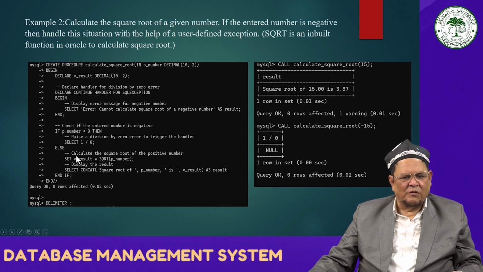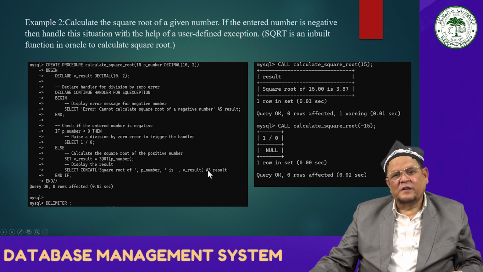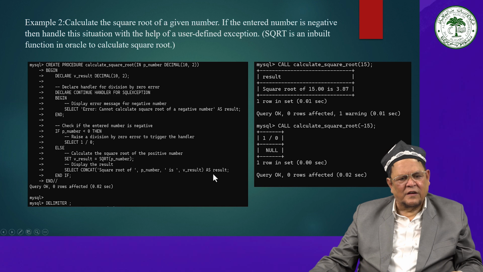Otherwise, calculate the square root of the positive number: v_result is equal to SQRT(p_number). Display the result: select concat('The square root of ', p_number, ' is ', v_result) as result.